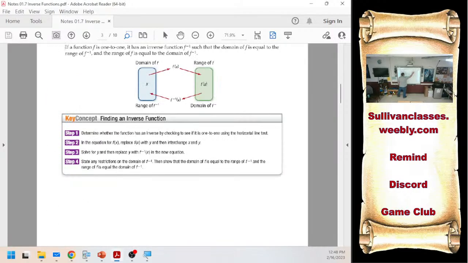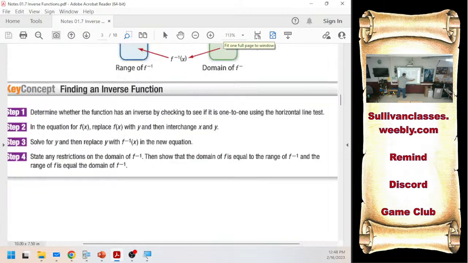That also tells me how I find these things. Step 1, check if it even has an inverse. The first thing you should do is the horizontal line test. Should I even bother doing the math? Step 2, remember that we said f of x equals a rule equals y?